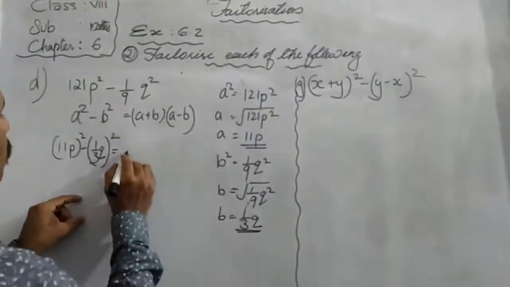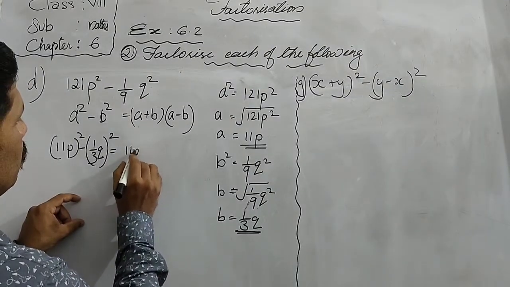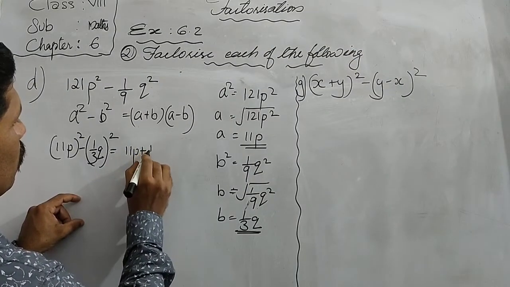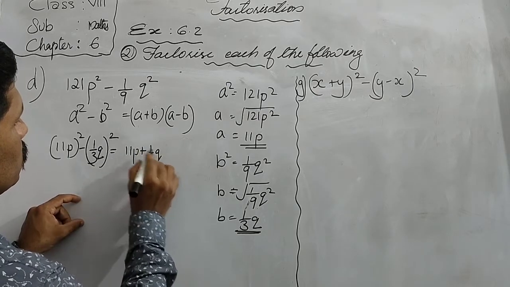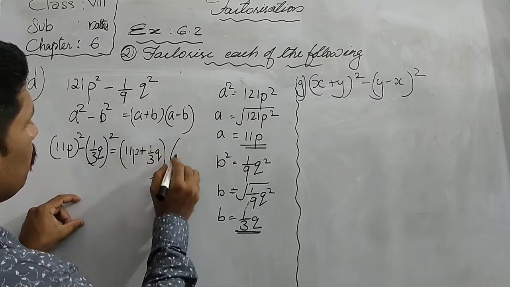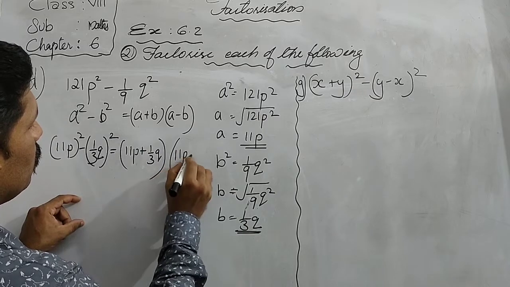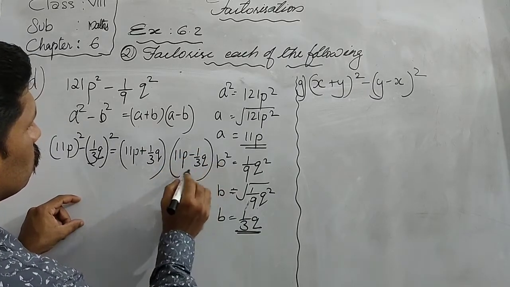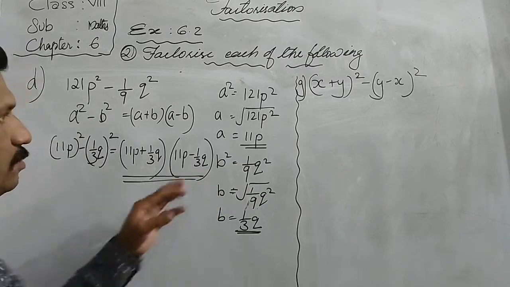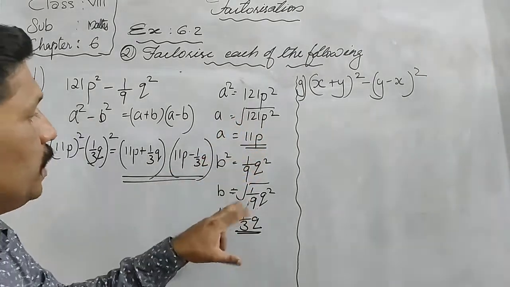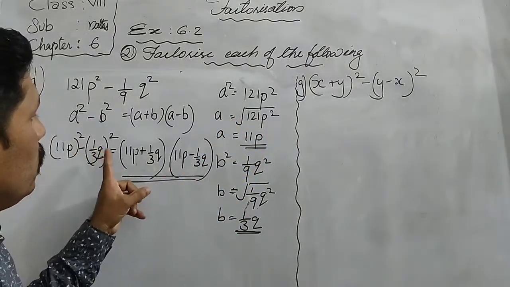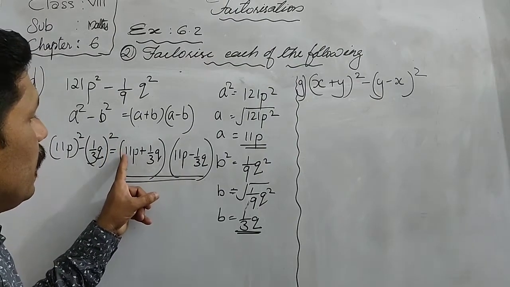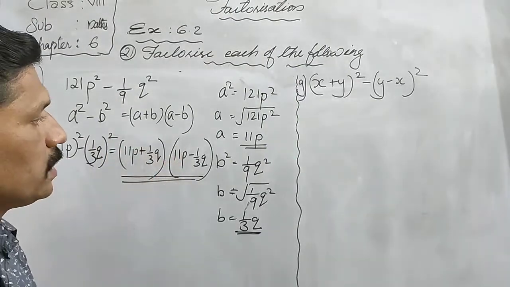So a is 11p: (11p plus 1 upon 3q) is a plus b, and a minus b means (11p minus 1 upon 3q). So first we found out what a and b are, and then we expanded according to the identity a plus b into a minus b.